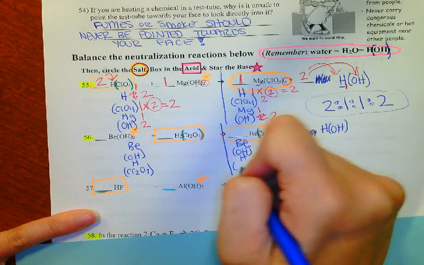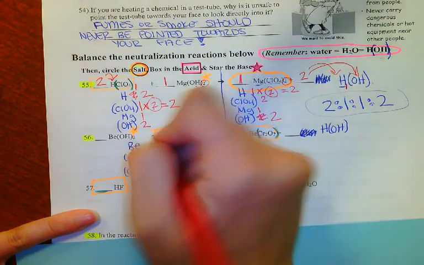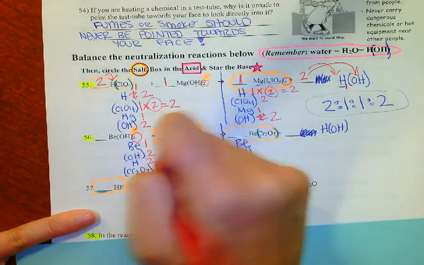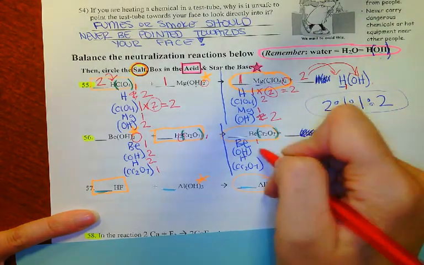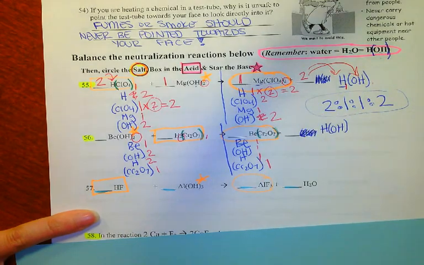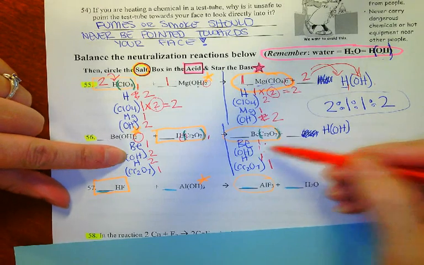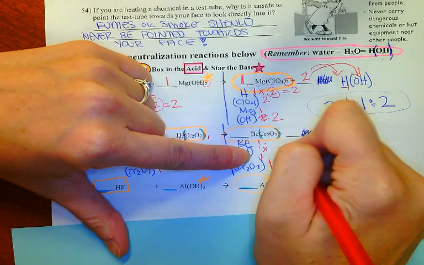Okay. I have 1 beryllium and 2 hydroxides. I have 2 hydrogens and 1 dichromate. 1 beryllium, 1 of these, and 1 of those. So my Bes are balanced, my OHs aren't. So I go to the smaller side and make it match the bigger side. 1 times 2 equals 2.